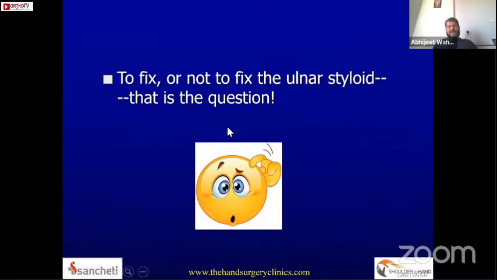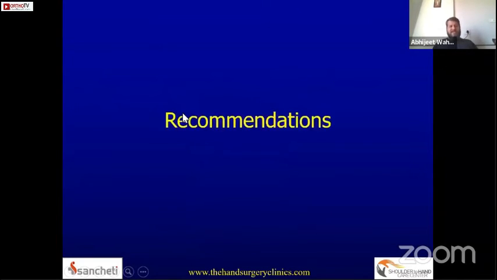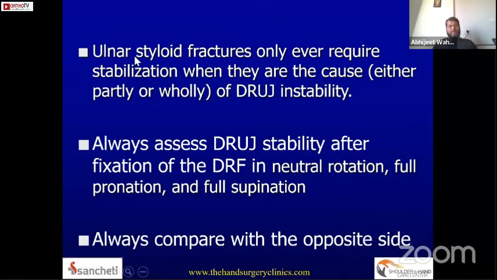So this begs the question: if Shakespeare were alive today, he would perhaps have asked to fix or not to fix the ulnar styloid. And what are the recommendations? Ulnar styloid fractures require fixation or stabilization when they are the cause of DRUJ instability, either partly or wholly. And how do we determine that?